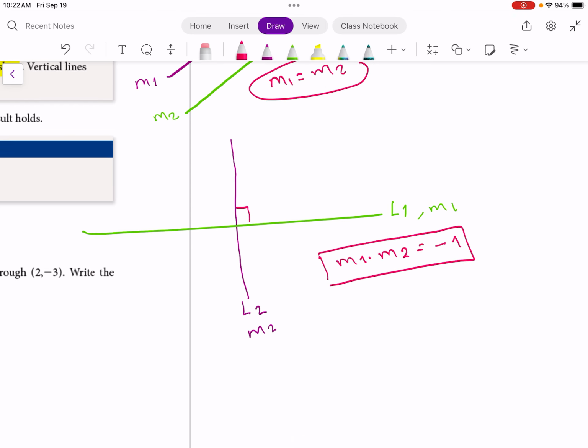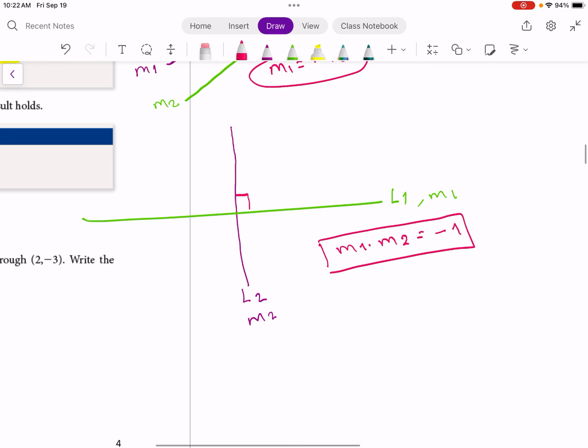If we have two lines perpendicular to each other, then the slope of one line is equal to the negative reciprocal of the slope of the second line. So the slope of the first line is equal to the negative reciprocal of the slope of line 2.